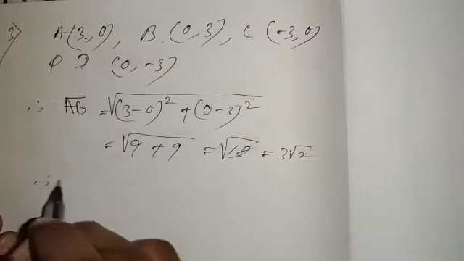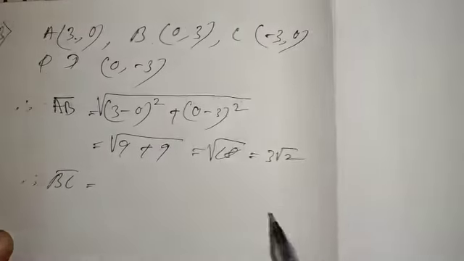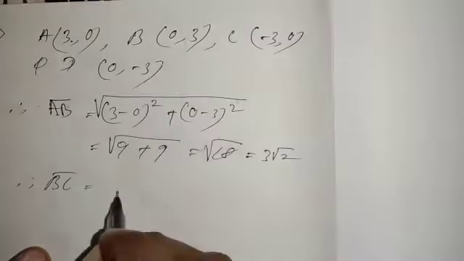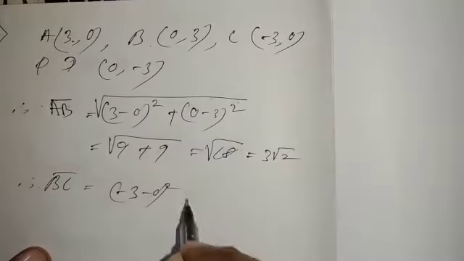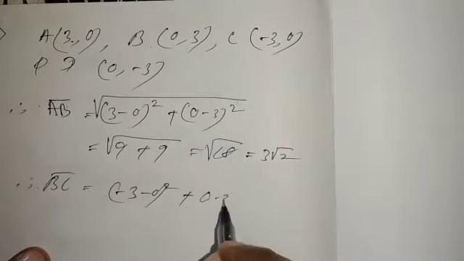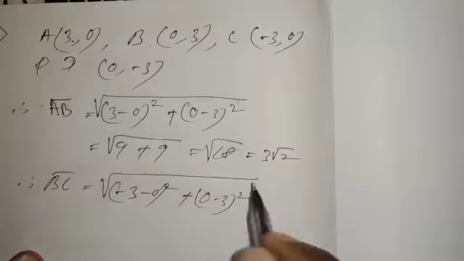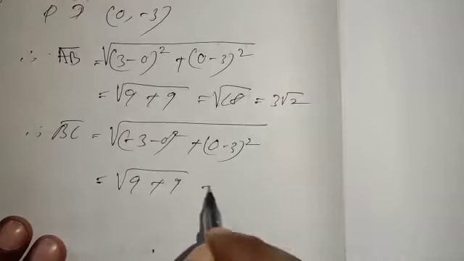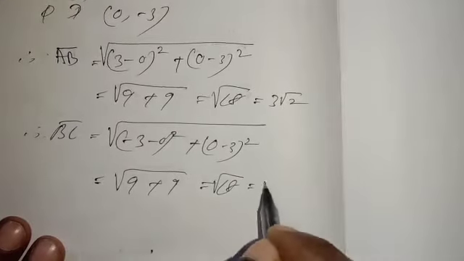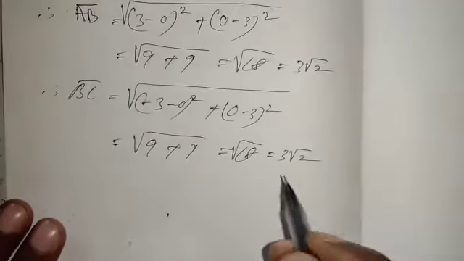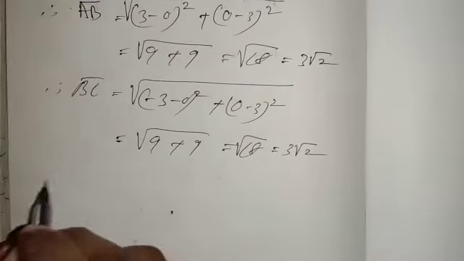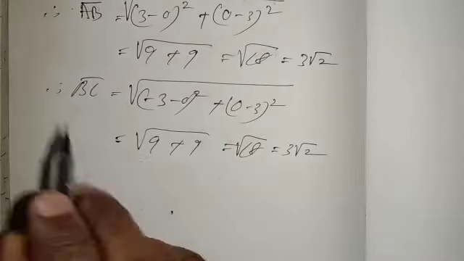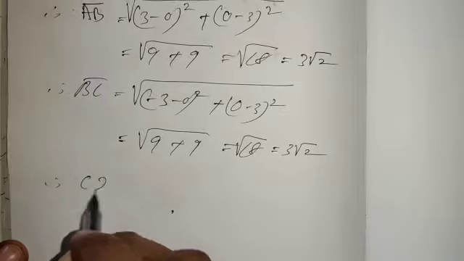Next find BC. BC will be the same process: minus 3 minus 0 whole square plus 0 minus 3 whole square, root over. That means minus 3 squared is 9, 9 plus 9 is 18, root 18 means 3 root 2, because 18 is 9 times 2 and root 9 is 3. Then you find CD.